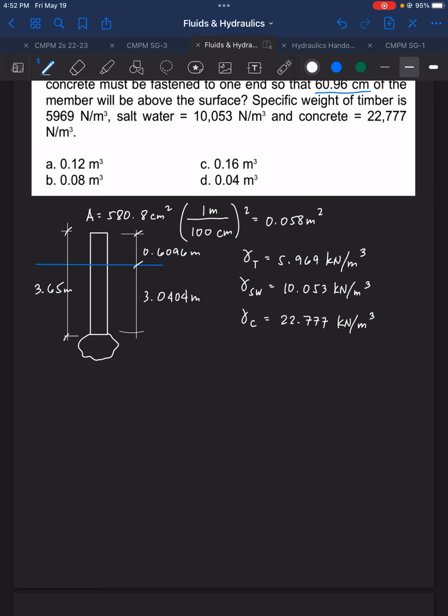Okay. So here we are solving a buoyancy problem.